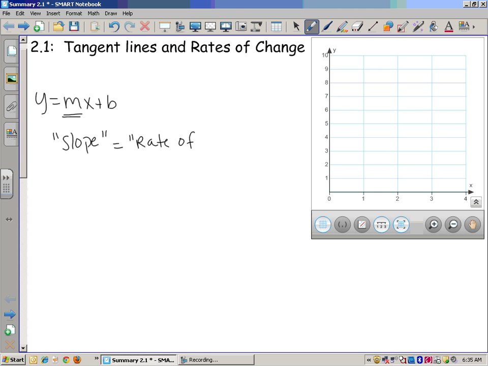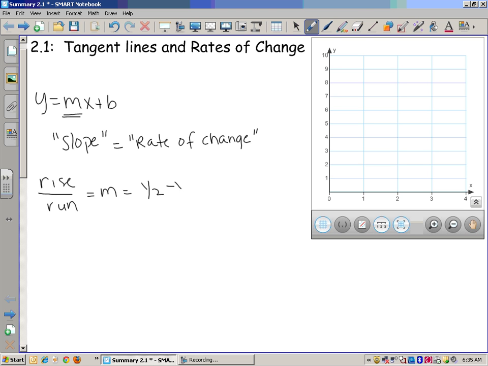So in Algebra 1, we used words like up 2 over 1, up 5 over 1, down 2. Those are the words we used in Algebra 1 and Algebra 2. And now in Calc, we're going to say that slope is the equivalent to rate of change. Okay? So tapping into that prior knowledge, we used to do slope as rise over run.